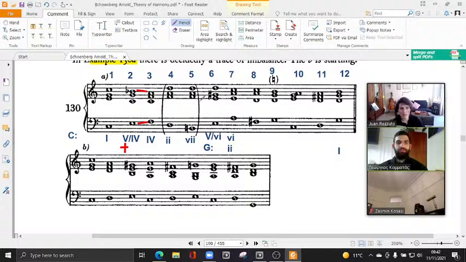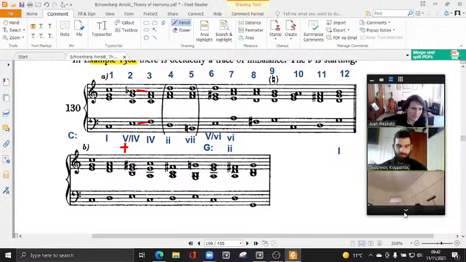Because this is important, we cannot forget that now we might have more freedom in the sense of secondary dominants, non-diatonic chords, but that doesn't mean to get rid of the voice leading rules. Yes, we are still bound to those ones. So, anything to add about those chords 4, 5, and 6, voice leading wise?